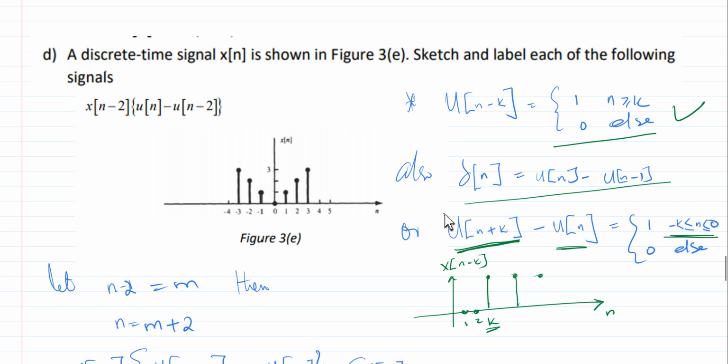But the most important thing to remember is this: an advanced unit step function depicted by u of n plus k minus u of n will be equal to a value. It will look something like this.